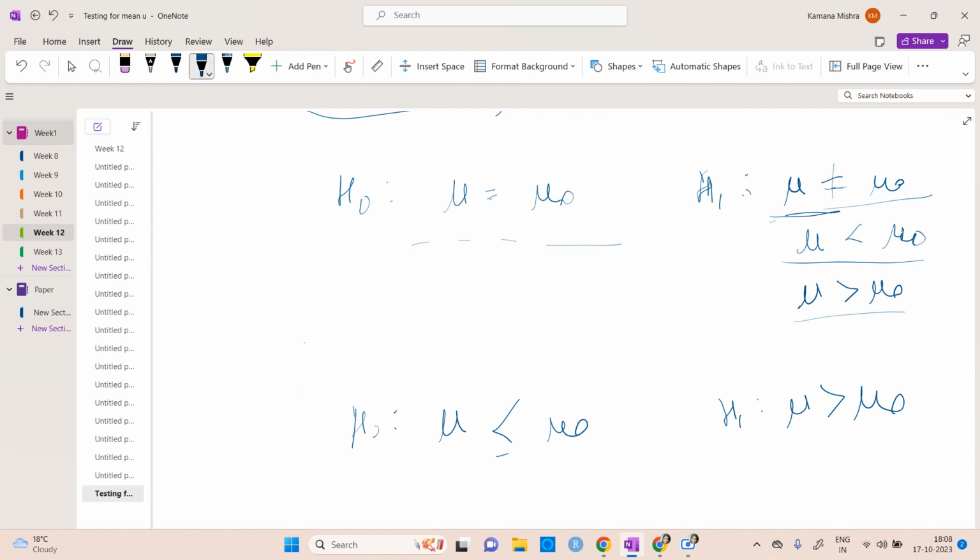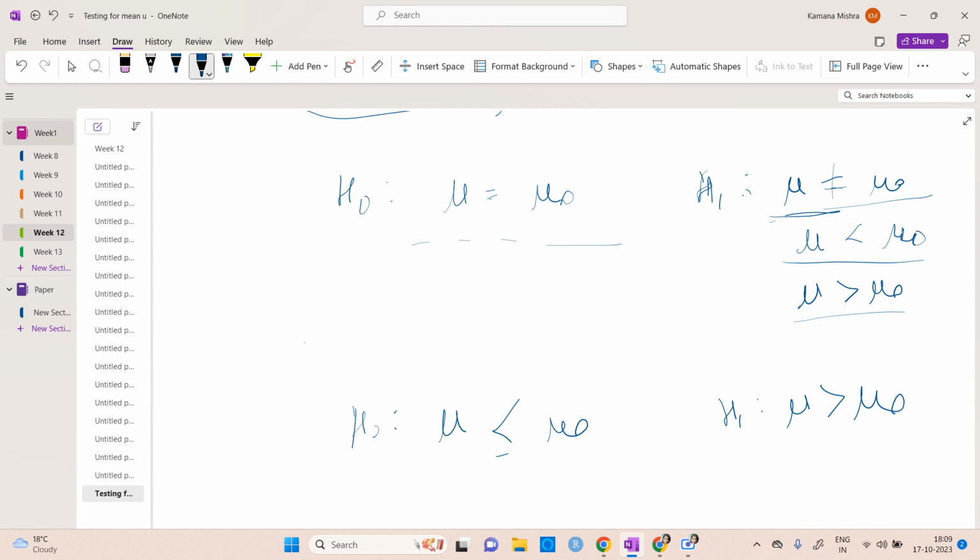So that's how we make our hypothesis, based on what we need to test, like, let's say, the number of accidents on a road in one day, or if you go to an industrial area, the number of particles emitted in the environment.